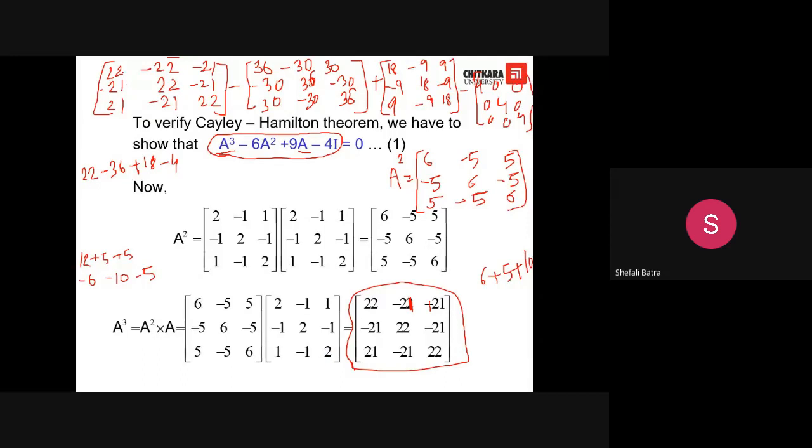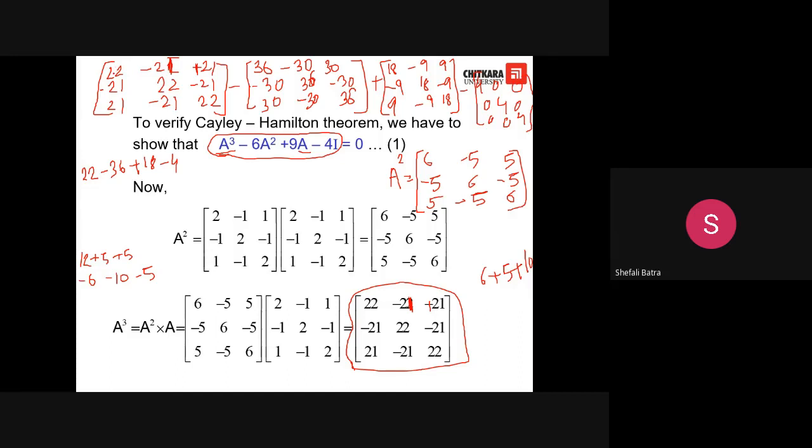That's correct. Okay, then please check all the entries. Check the rest also, beta. Ma'am, except for them all are the same. All are the same. Yeah, ma'am. So accordingly only there is a change of this minus 21, and this would be plus 21, right?